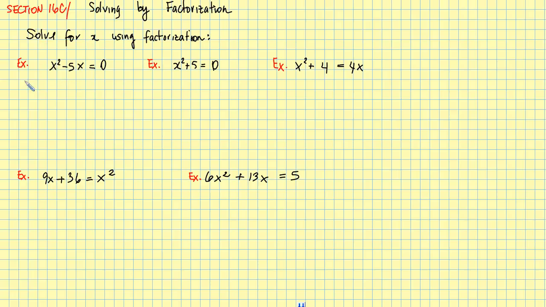So if we take a look at the first example we have here, x squared minus 5x equaling 0, before I can solve for x, I'm going to remove a common factor on the left-hand side of my equation first, which is x. And what I'm left with is an x minus 5 inside the parentheses. Now what I have created here is a situation that is the null factor law.